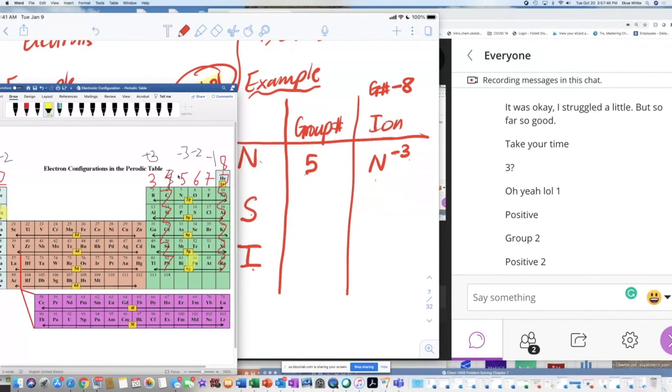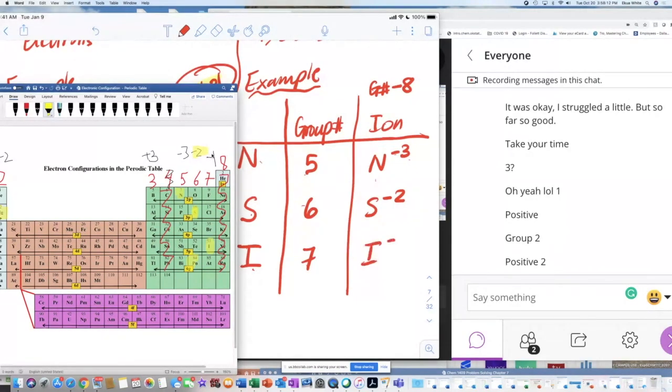Okay, sulfur. Sulfur is right here. So nitrogen, sulfur. Sulfur is in group 6. You can see that up here, group 6. Iodine is in group 7. Sulfur has a charge of -2 right here. So S -2. Iodine has a charge of -1.